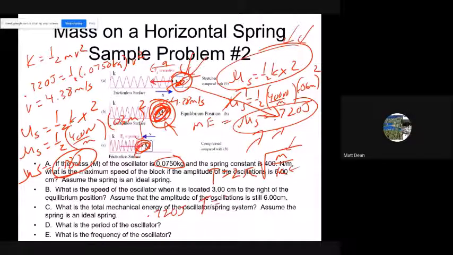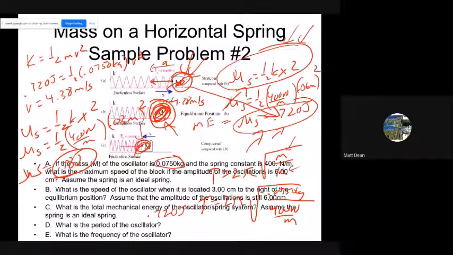In this case, it would be T equals 2 pi times the square root of 0.0750 kilograms over 400 newtons per meter. If we do everything in terms of newtons, meters, and kilograms, our period, once we calculate, is going to come out in seconds. So let's do the calculations.